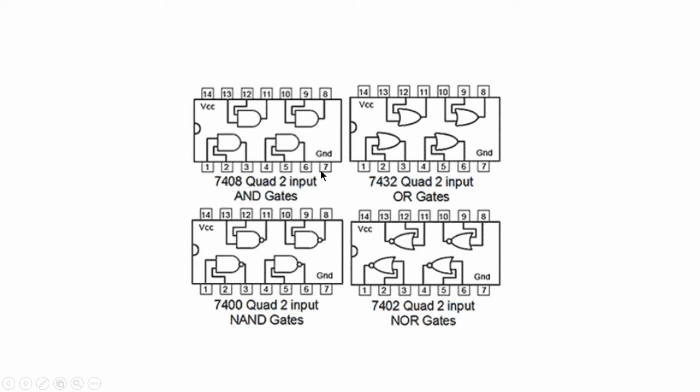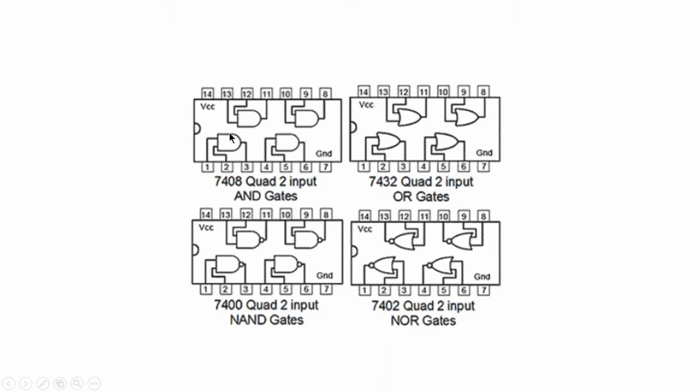For every IC, pin number 7 is grounded, and pin number 14 is VCC.